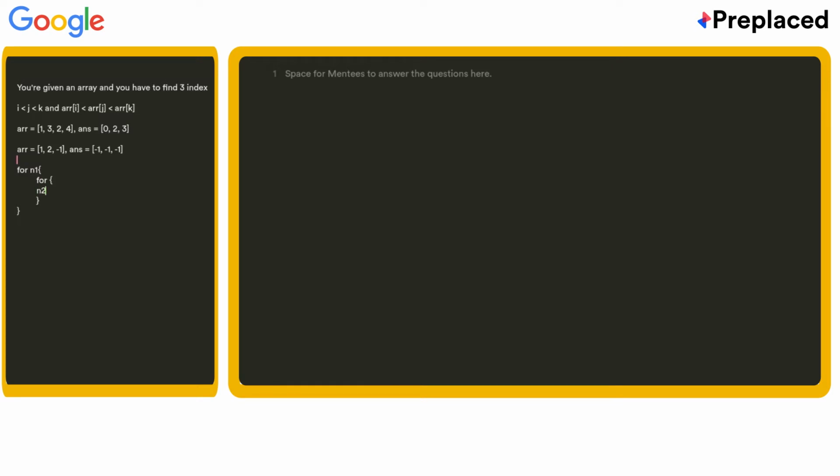And while this is looping, we can check if we find n3 that is greater than n2. And let's say if there is some other number here, let's say 5, we would not find any solution here. So it would again move on to the next index, that is 1, and again check for the numbers beyond it. So this is a very high level solution that I can think of.